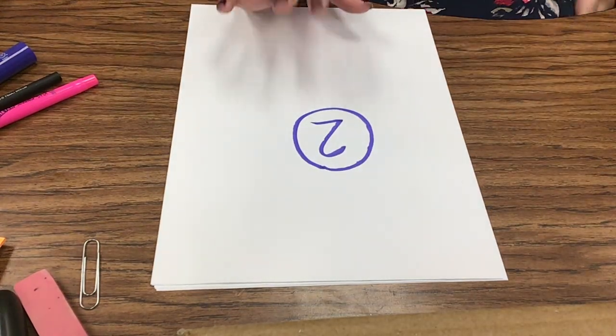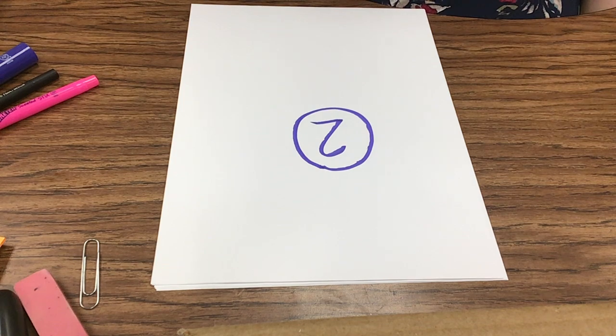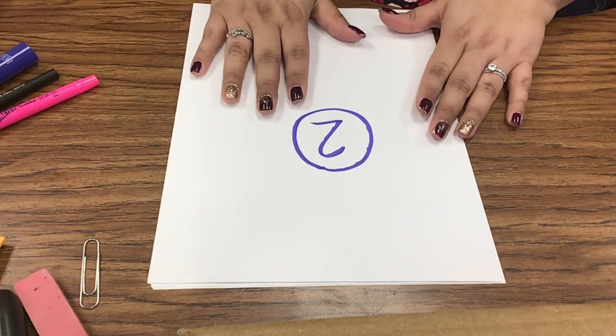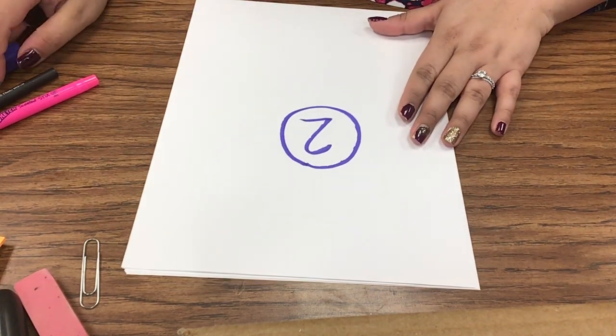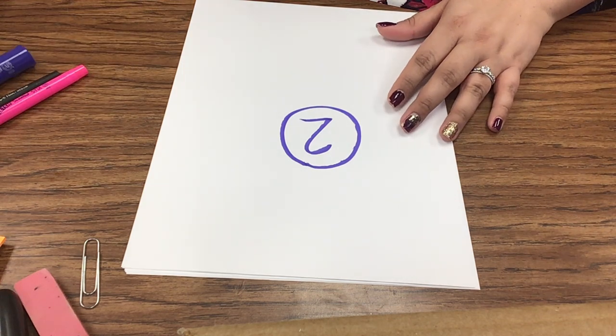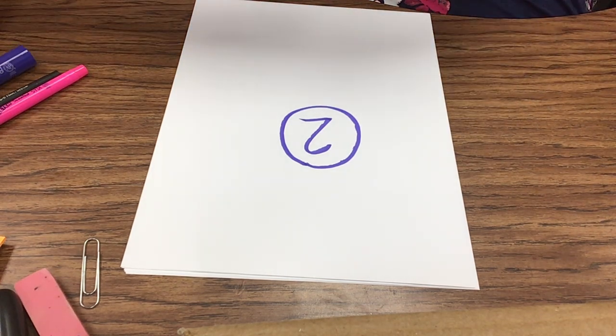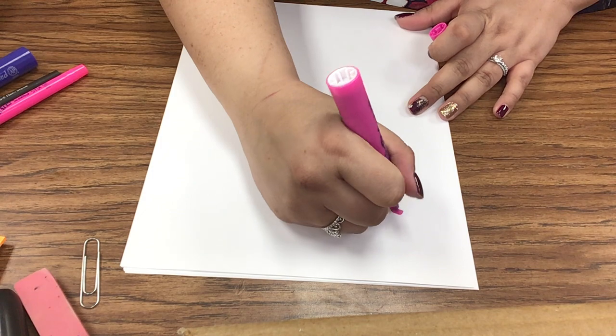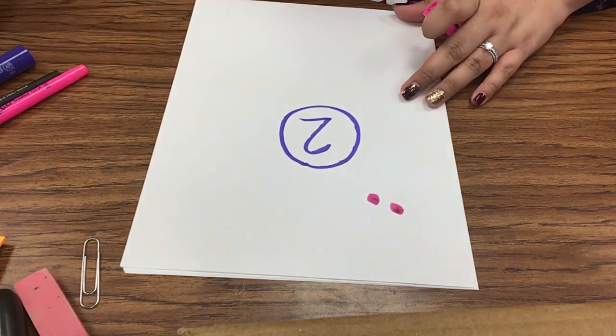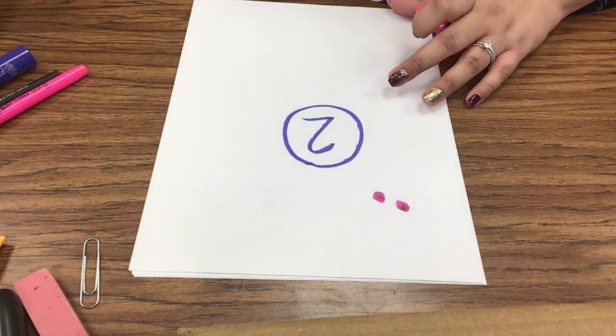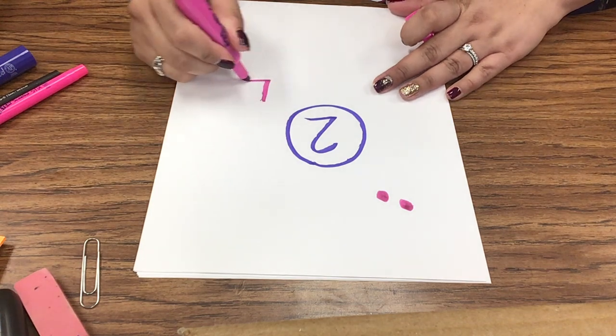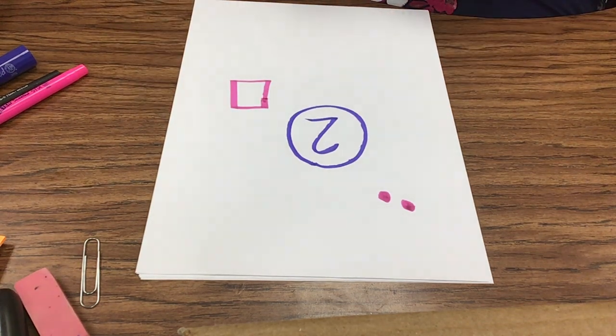So we have the number 2. What we would do in the classroom is, using our mathematician brains, we would think of different ways we can show the number 2. The first thing we could do is 2 dots. 1, 2. We can make a dice with 2 dots.